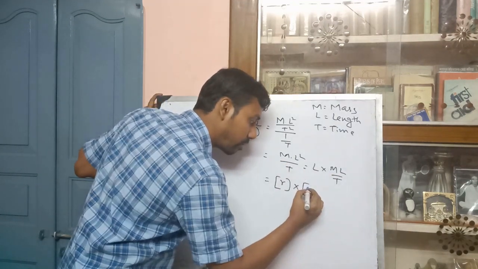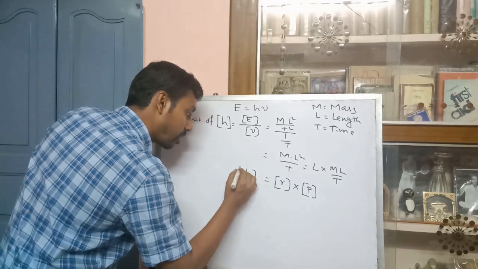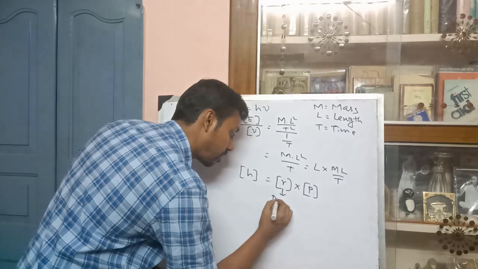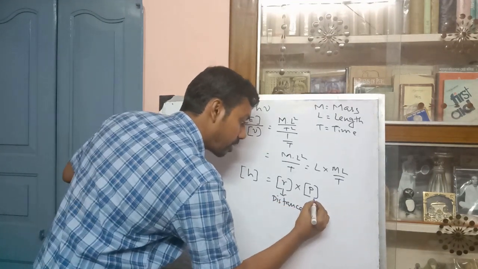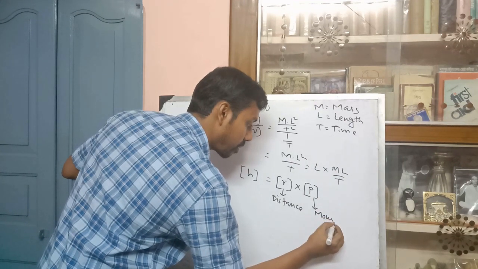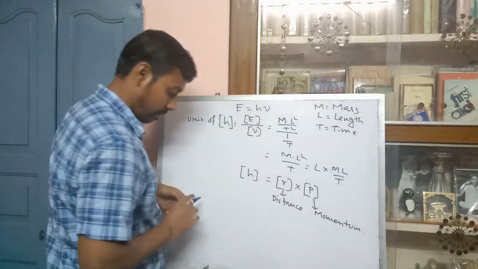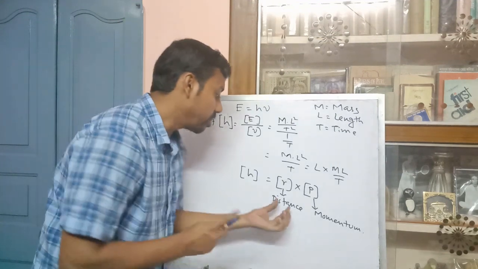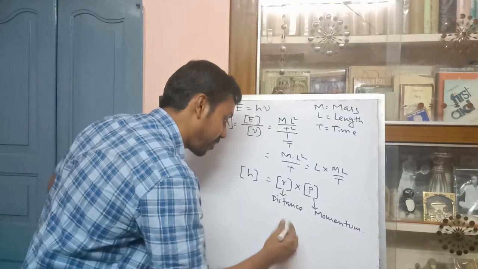So the unit of h is equal to the unit of distance times the unit of momentum.